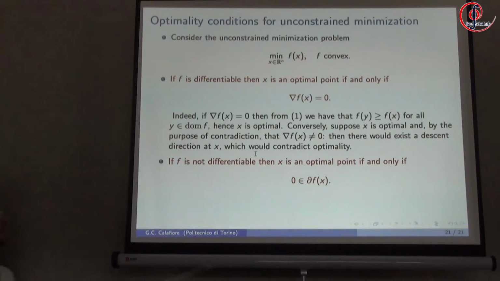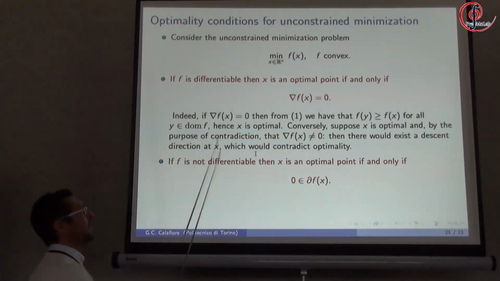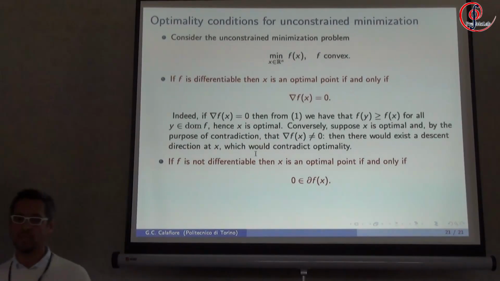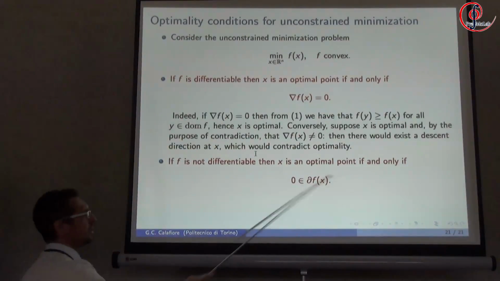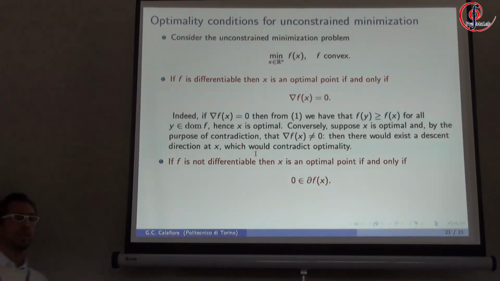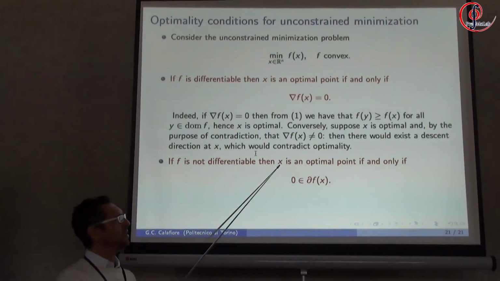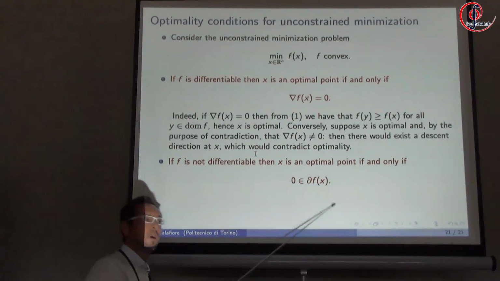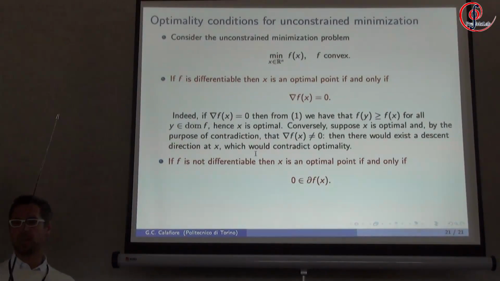However, if our function is not differentiable, then this of course cannot hold in general, but the relation that holds equivalently is the following one. If f is not differentiable but convex, then a point is an unconstrained minimum, so it's an optimal point, if and only if 0 belongs to the set of subgradients, to the subdifferential.